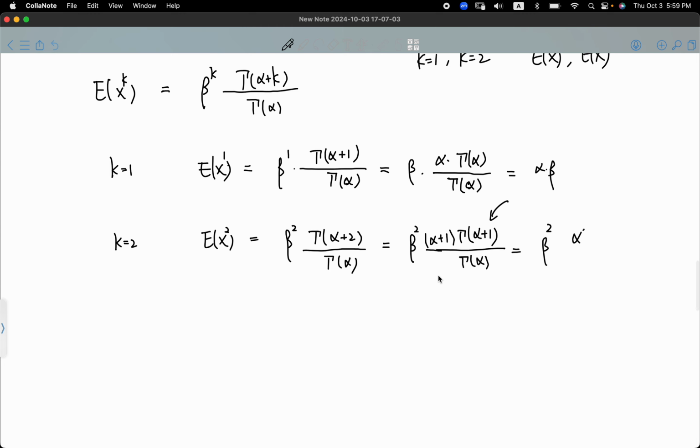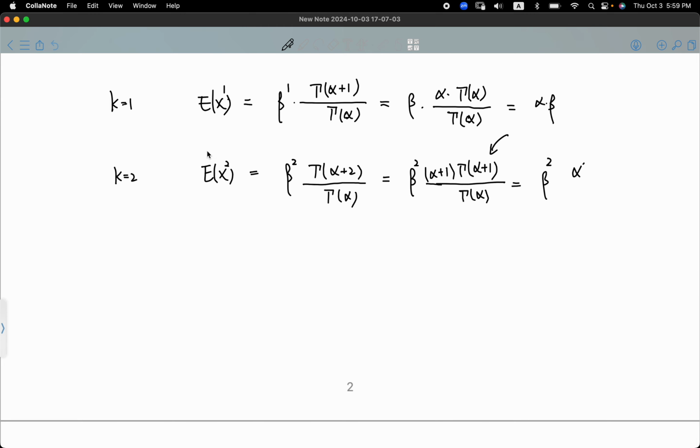Let me elaborate a little bit here. What we want to do is apply the formula gamma of alpha plus 1 equal to alpha multiplied by gamma of alpha. But what we have here is gamma function of alpha plus 2. So you can consider this as a gamma function of alpha plus 1 plus another 1, and regard alpha plus 1 as, let's say, alpha star.